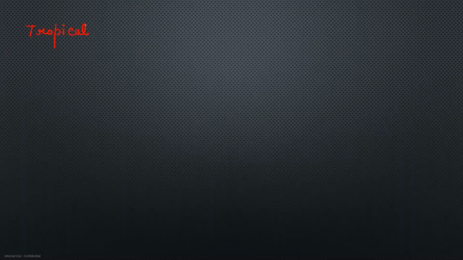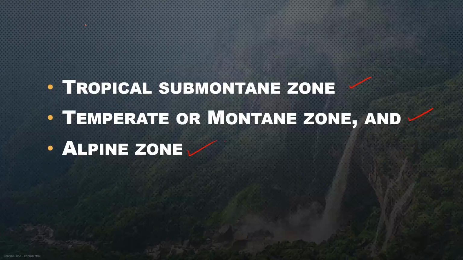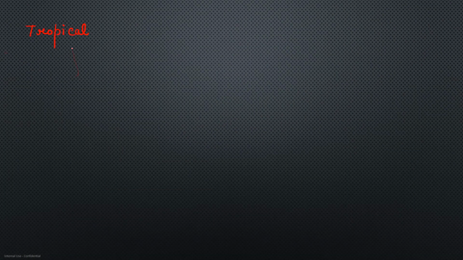So in the tropical or submontane zone, first is sal forest, mixed deciduous forest, then Terminalia, Bohemia, all these are there.